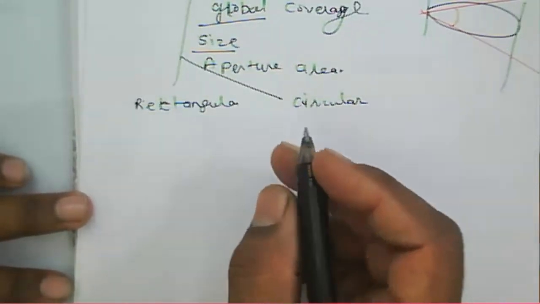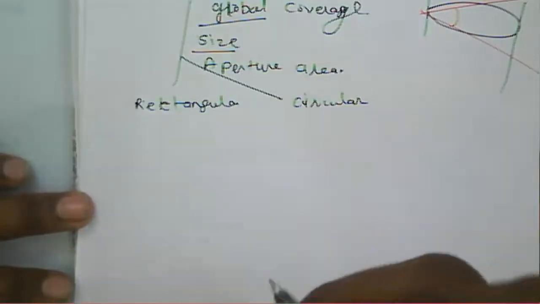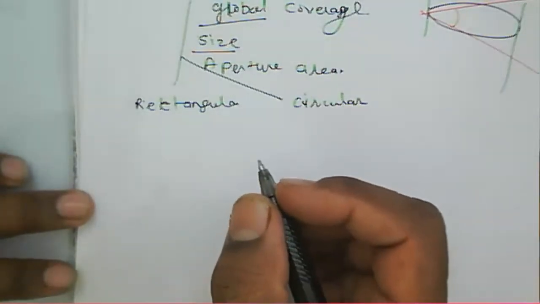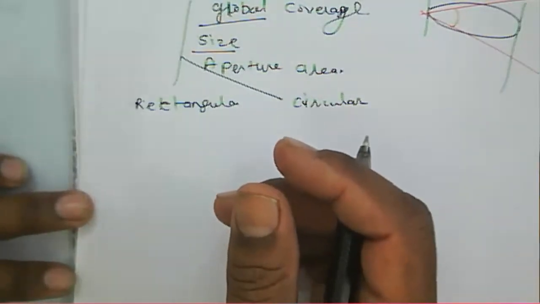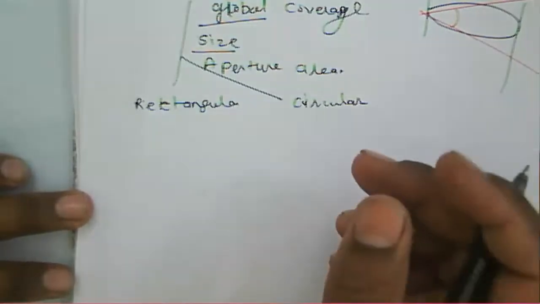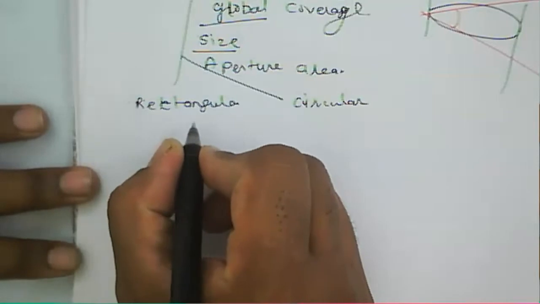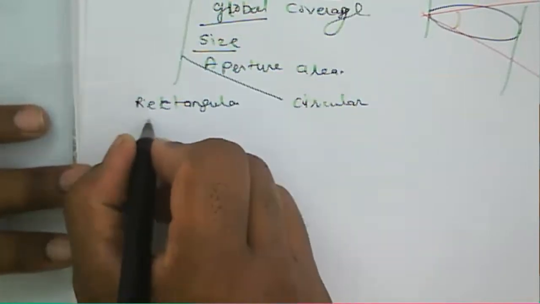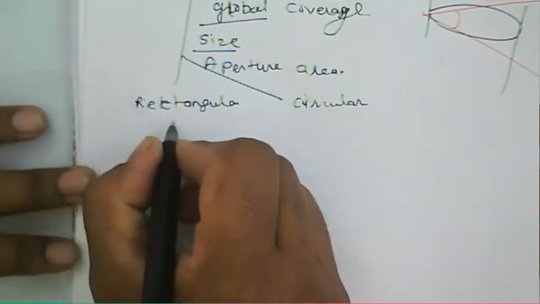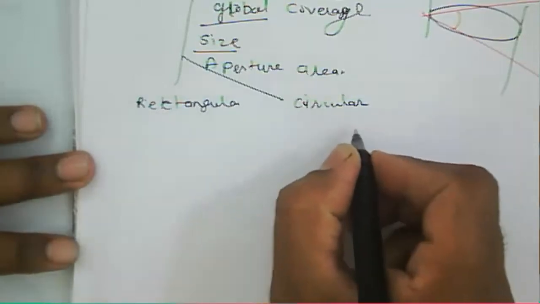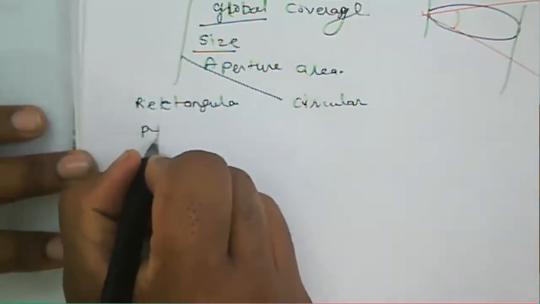So in that case, one end is a cone-like structure or the shape of a pyramid, or in terms of a rectangular shape. So according to that, there are two types of antenna: the pyramidal horn antenna, or the circular horn antenna.